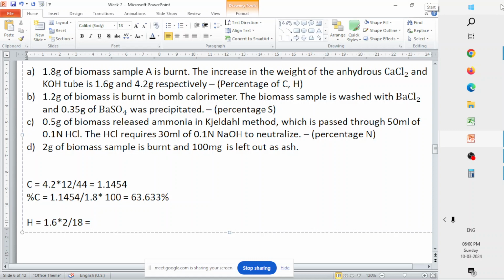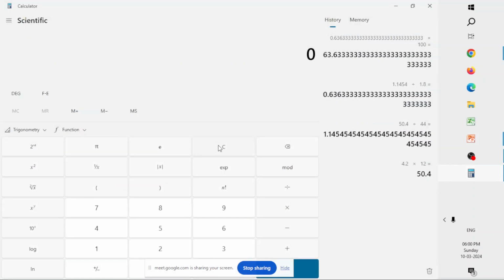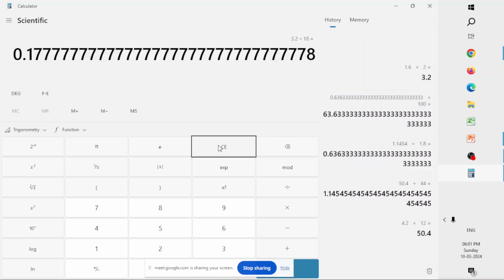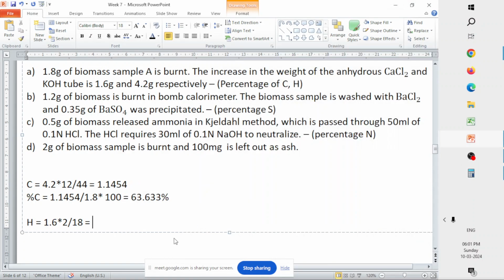So 1.6 times 2 divided by 18, the value is 0.177.